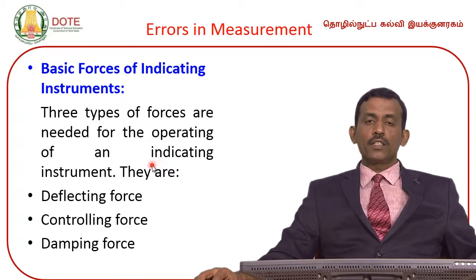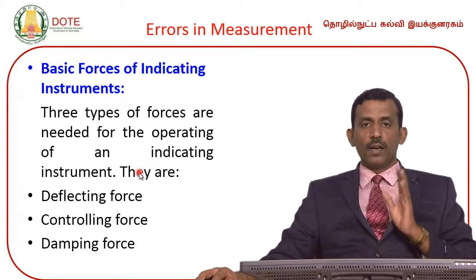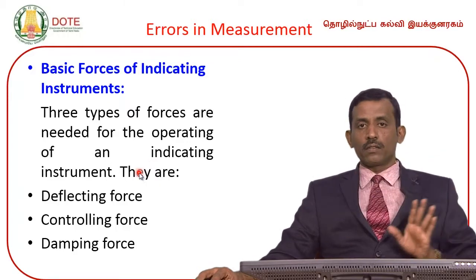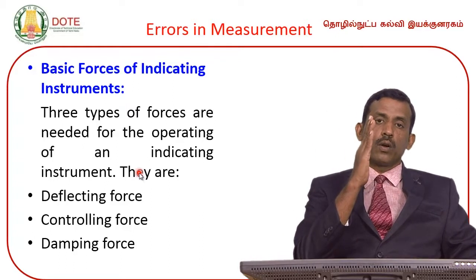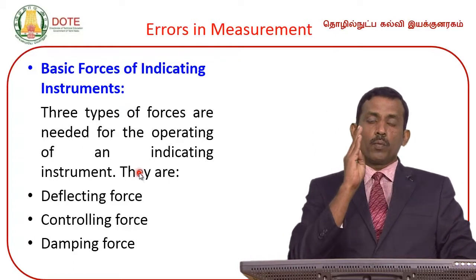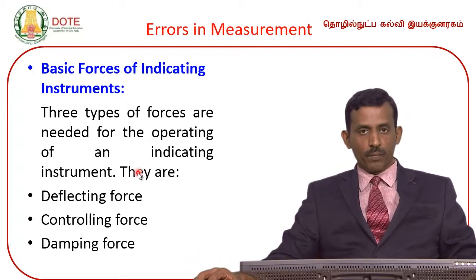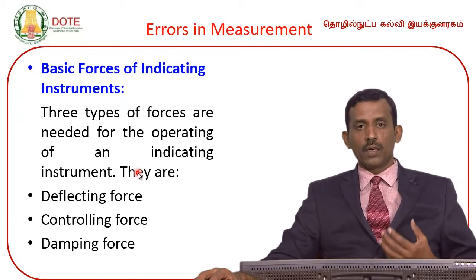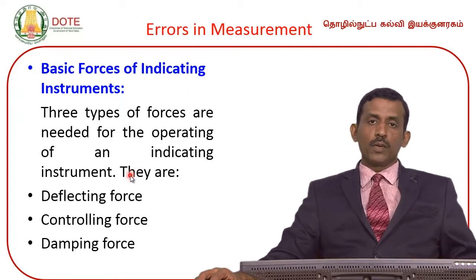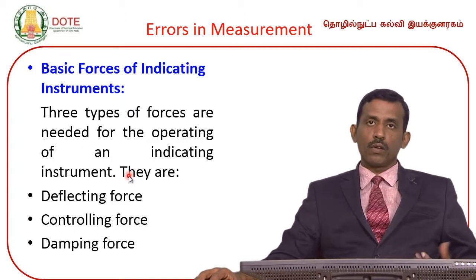An indicating instrument indicates the measured value by means of a pointer over the dial. டயல் மேலே pointer movement வச்சு pointer எந்த இடத்துல நிற்கிதோ அந்த வேல்யூ தான் நம்ம நோட் பண்ணிக்கிறோம். அப்படின்னா அந்த மாதிரியான இன்ஸ்ட்ருமெண்ட் வந்து இண்டிகேட்டிங் இன்ஸ்ட்ருமெண்ட். Maybe in our lab we have indicating instruments, ammeter, voltmeter. In real life we are using many indicating instruments, like an analog watch, right?